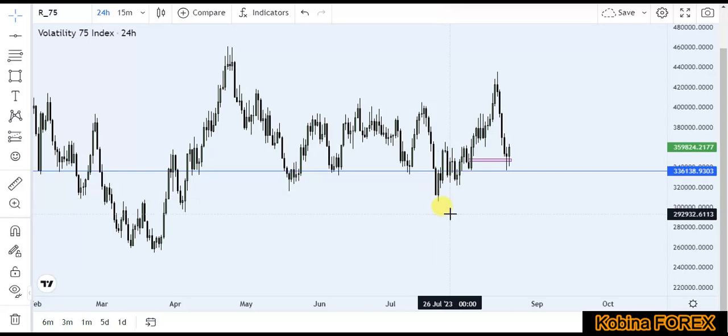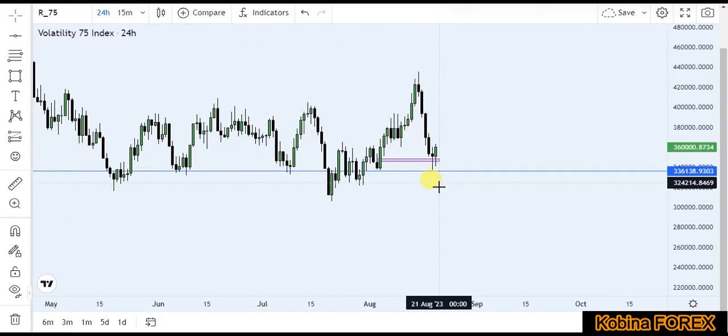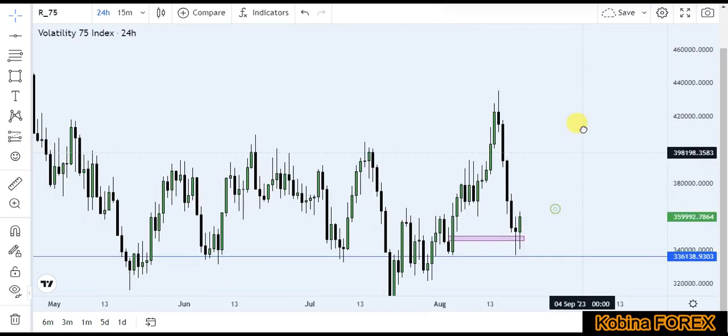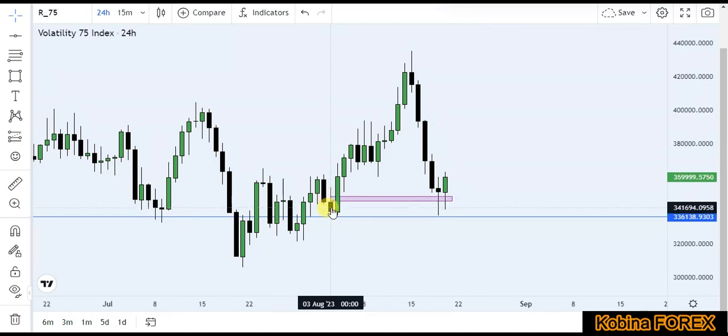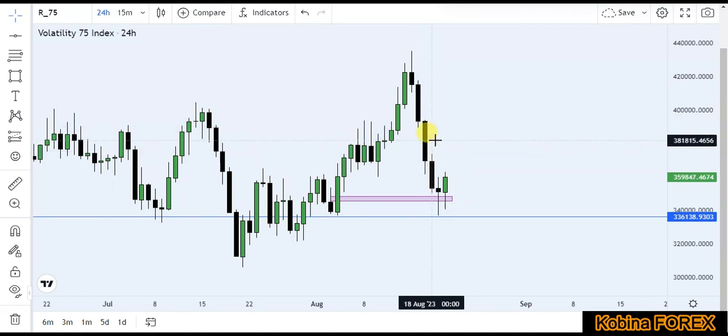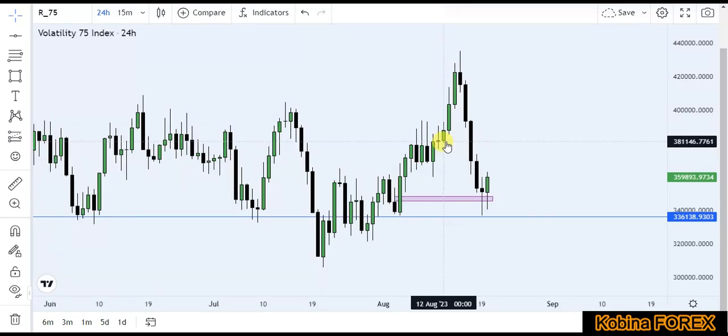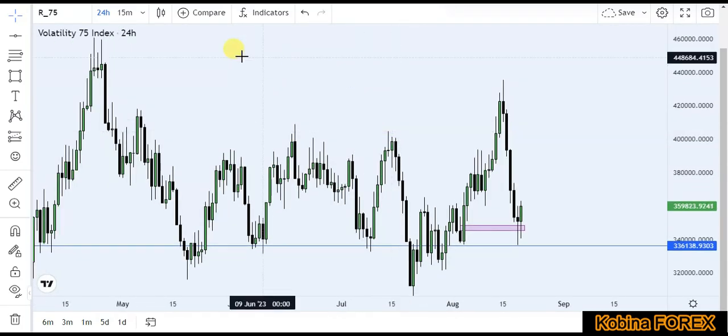All right, now that we've seen price delve deeper into this area, what we are expecting is that as price has traded into this fair value gap on the 4-hour time frame, and this particular area acting as an order block, and as it has closed on this small fair value gap, I'm expecting it to also reach into this fair value gap, at least the mean threshold of this fair value gap in here. You can scale off around this area, but ultimately my target is on this high.